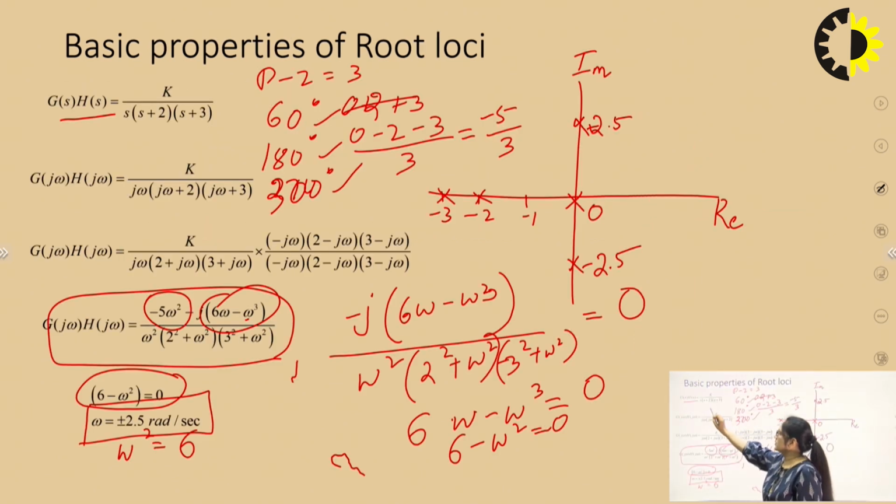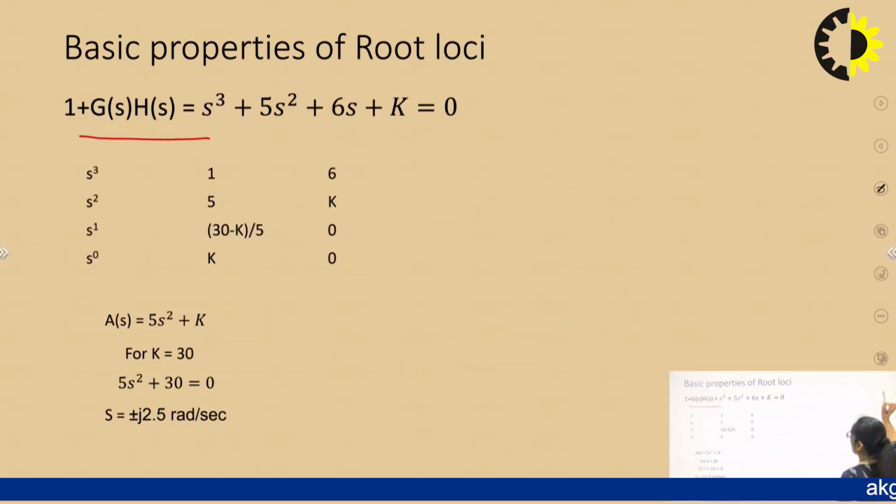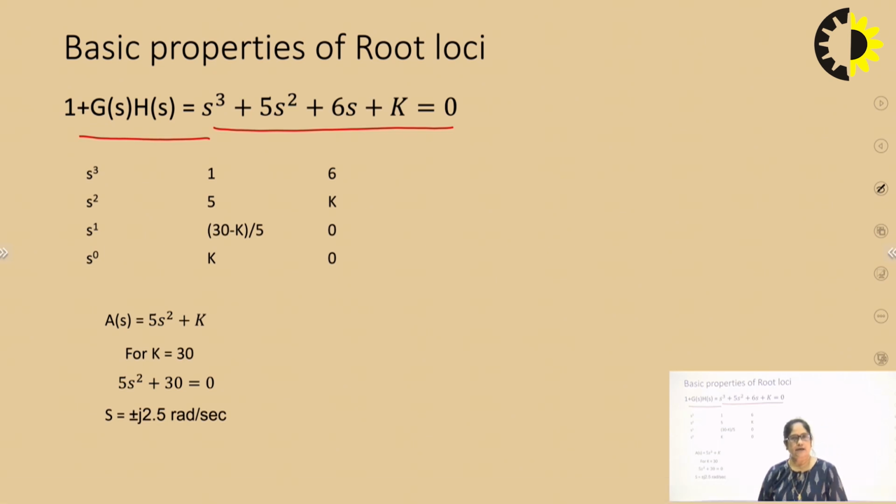GsHs is K upon s into s plus 2 into s plus 3. Now, this expression, when we equate it to 0, gives the characteristic equation s cube plus 5s squared plus 6s plus k equal to 0.